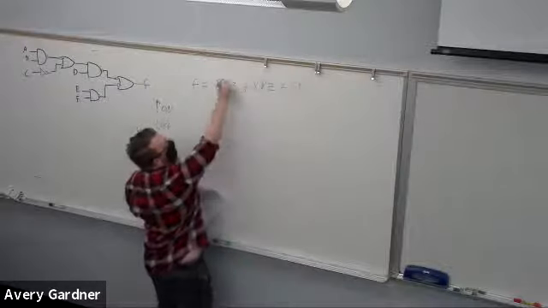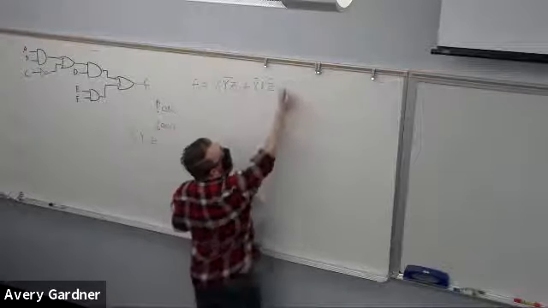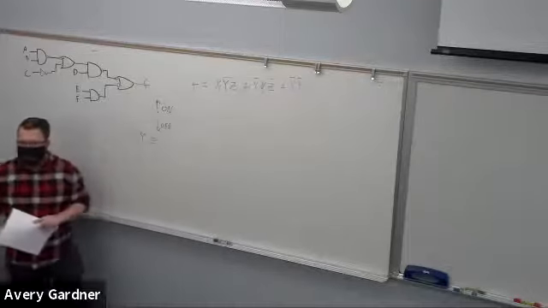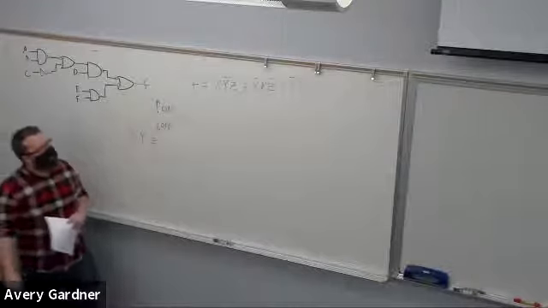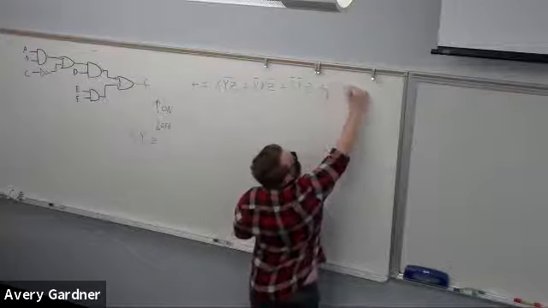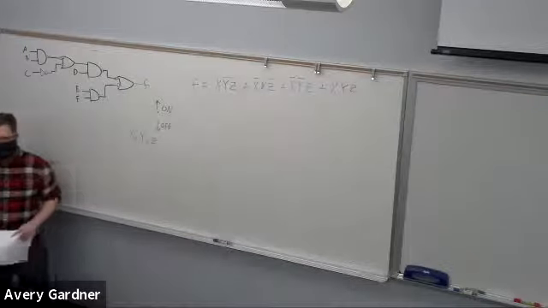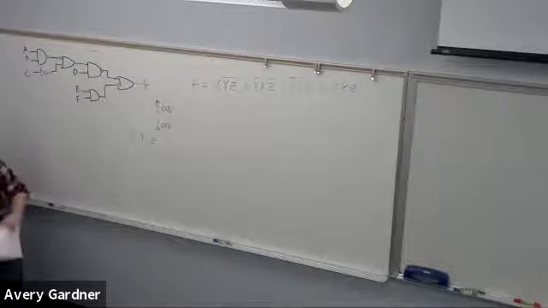And if one switch is up, it could be X, it could be Y, or it could be Z. Can everyone see that? Okay. And the last one is they're all up. Basically, it's saying if there's an odd number of switches in the up position, on position, the light is on.